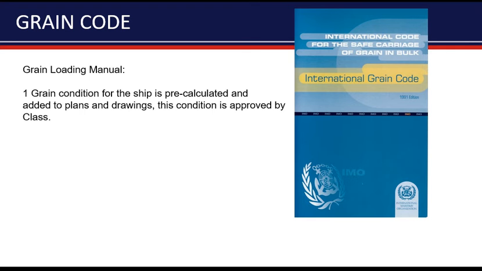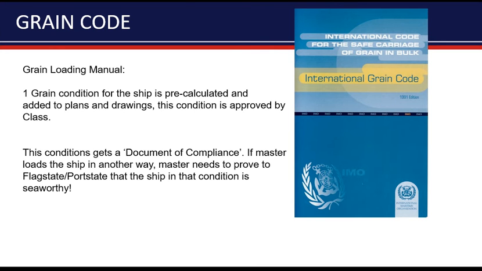When a new ship is built and if it's fit for transporting grain, prior to the first trip, class will make a calculation for a certain grain condition, and the captain can always ship grain in that manner, if he sticks to that plan which is pre-made by class.